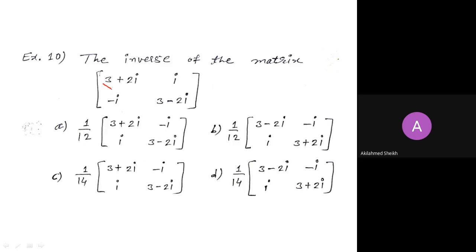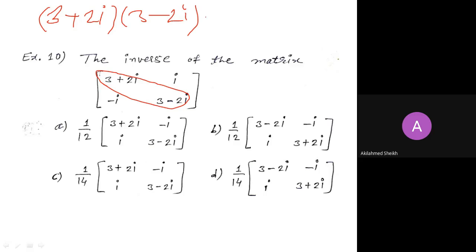First multiplying the principal diagonal elements: 3 plus 2i into 3 minus 2i, minus the product of the other two, minus i into i, which becomes i square.